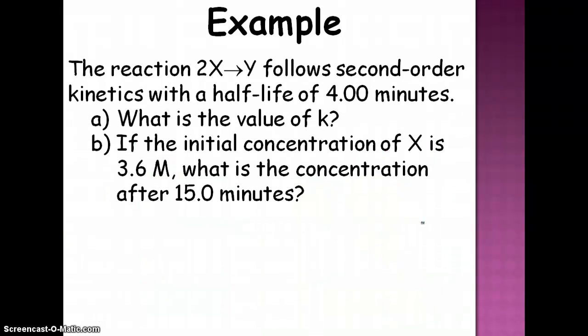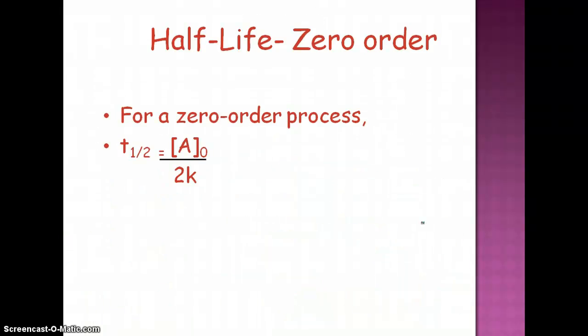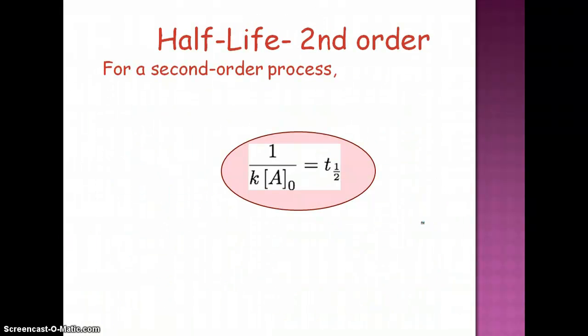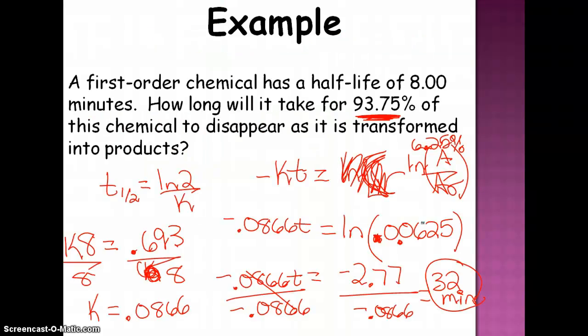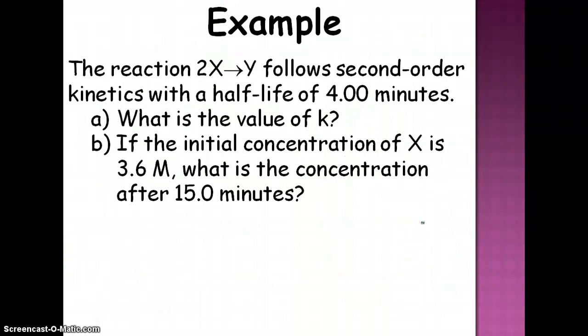All right, this next example says that we have a reaction 2X going to Y, which follows second order kinetics with a half-life of 4 minutes. I'm going to have to back scroll because I definitely do not know this one by heart. So we've got 1 over K AO, and that equals T1/2.